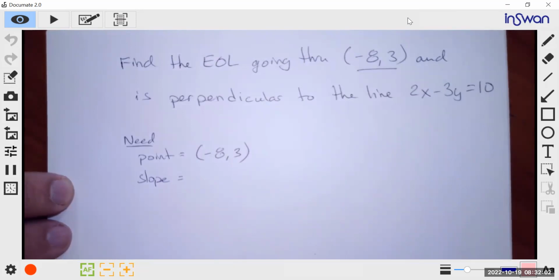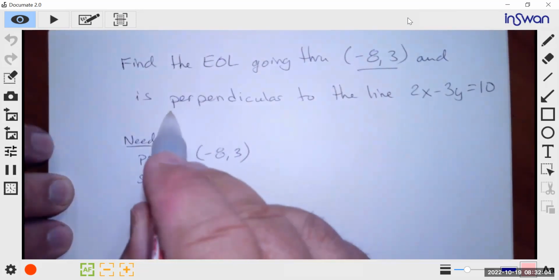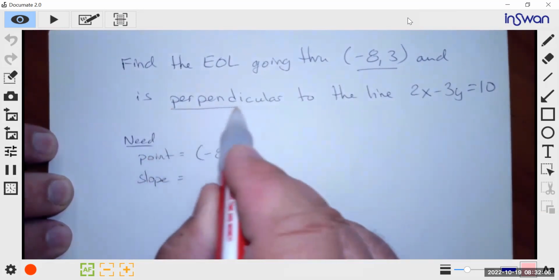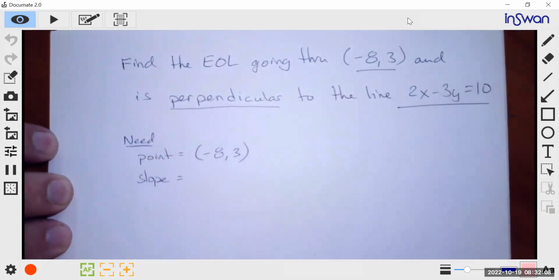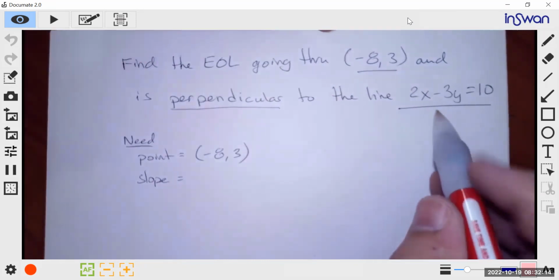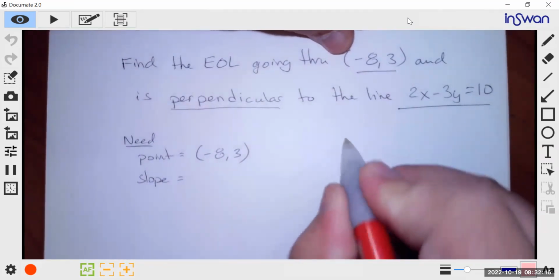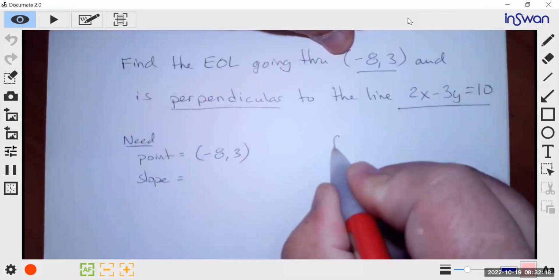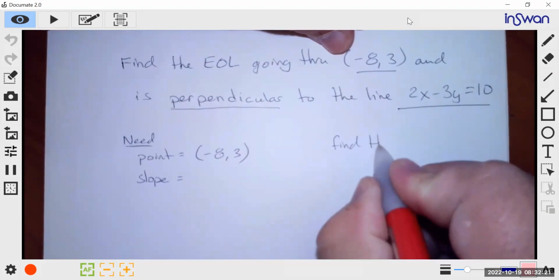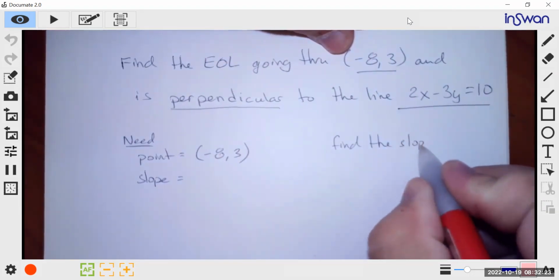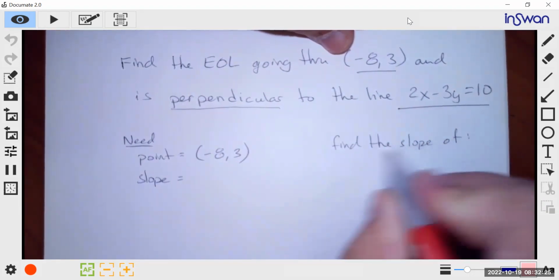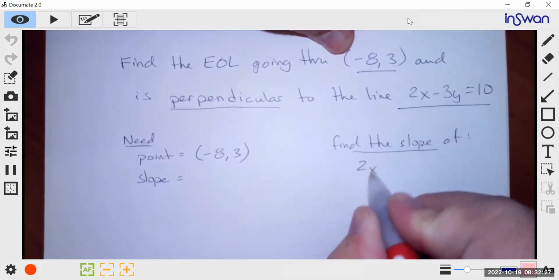Can we find it? Yeah, because the slope that we have has to be perpendicular to this line. So we have to find the slope of this line first.